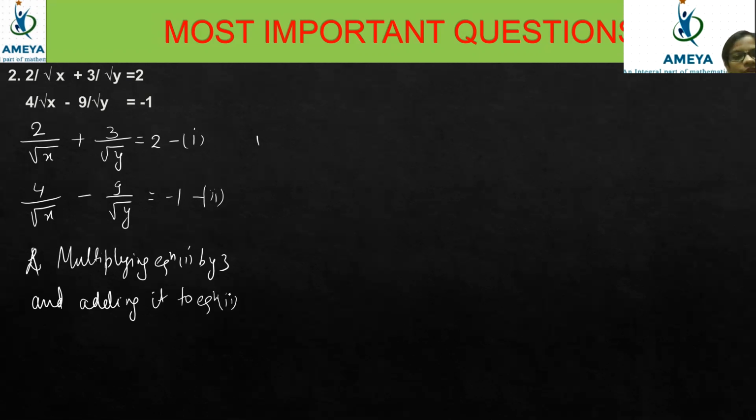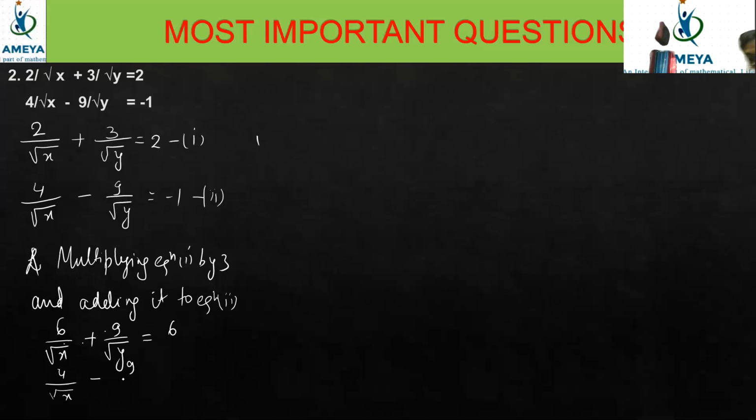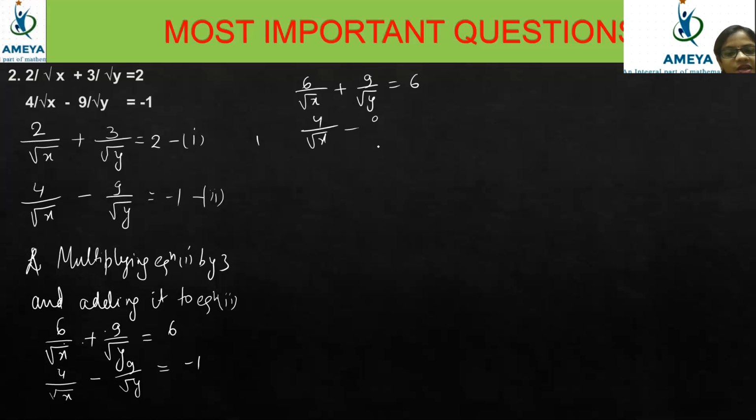So equation 1 will be multiplied, so it will become 6 by root x plus 9 by root y equal to 6, and here down it will become 4 by root x minus 9 by root y equal to minus 1. So definitely these two will cancel.